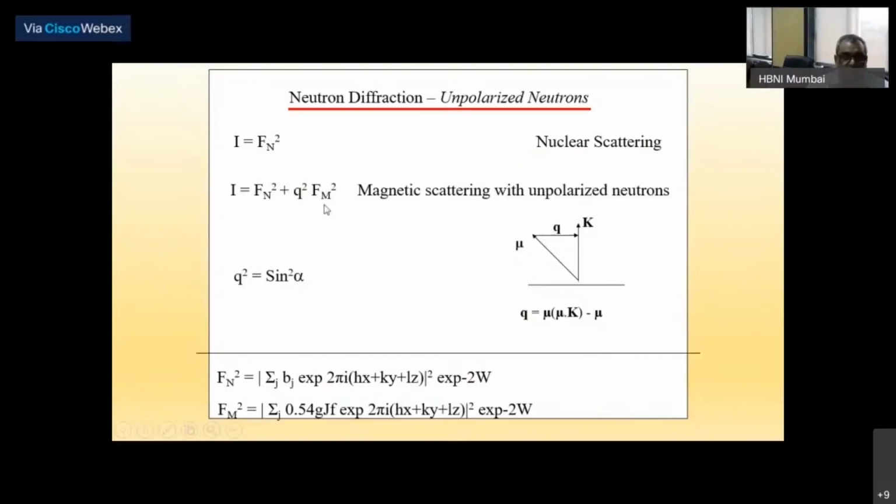We also have a square, the magnetic part, but weighted by a vector q, which is basically given here. So I can write out this thing; this part is the same as X-rays and neutrons, except this b_j part, and multiplied by the Debye-Waller factor. F_M squared is very, very similar, and this is also separately weighted by a Debye-Waller factor, which is different from what you have for the nuclear term. And this is the expression.